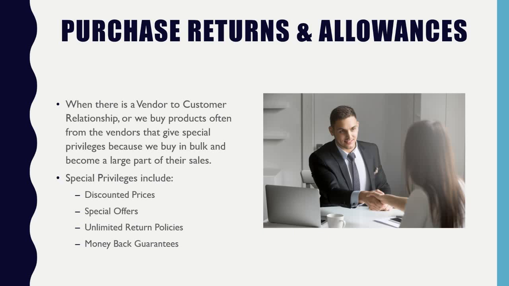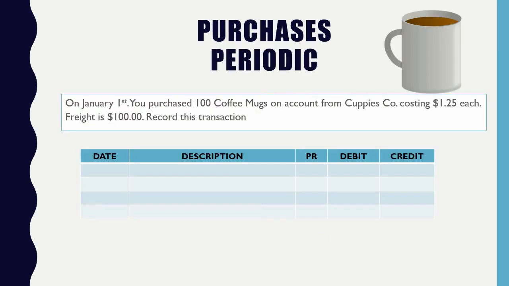Because our main goal is to sell those items for these manufacturers. So in this case, they will do anything to keep your business. Whether it is giving you special discounts, giving you special offers, or even giving you a full money-back guarantee, or unlimited exchange, and so on and so forth, right? These vendors are willing to make that sacrifice and keep you as a business because you are a main chunk of their business. Okay? So that can include all of those.